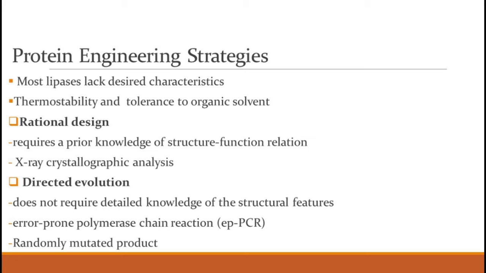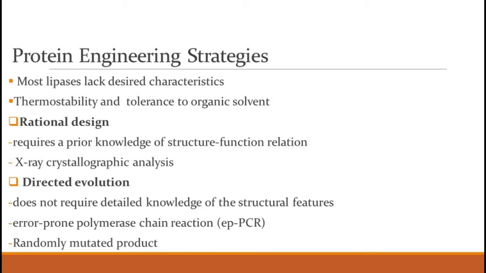The other method is directed evolution. In this method, we do not need to know the structural features of the enzyme. Why? Because here we are not dealing directly with the structure, but with the coding sequence for that protein. The method used is error-prone PCR, that is polymerase chain reaction, where it is error prone. It is designed in such a way that after a few nucleotide bases it will add a wrong base pair, and the resultant DNA will be introduced in a host, and that DNA will produce the enzyme.